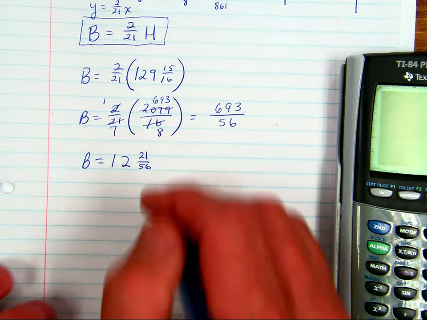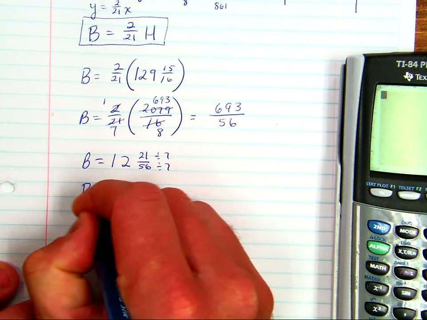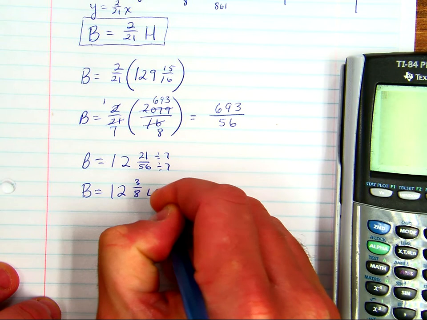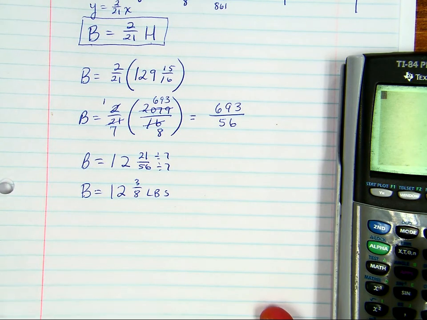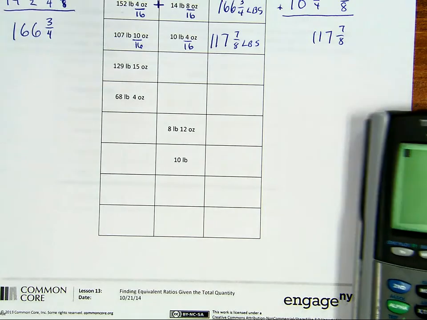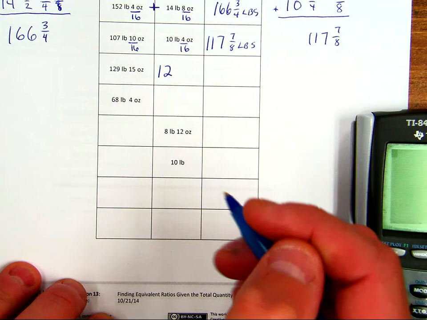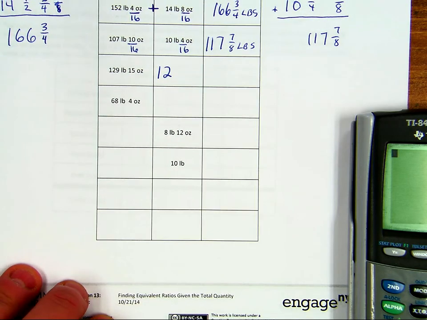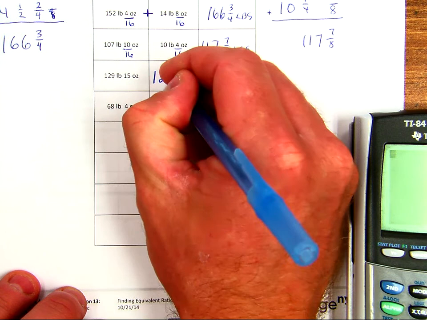So I can divide this by 7, that by 7, and what you need to write in that spot is 12 3/8 pounds. Well, actually, it's actually 12 pounds.